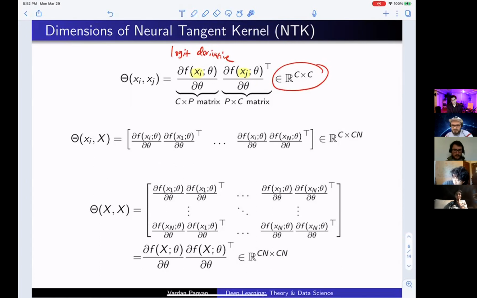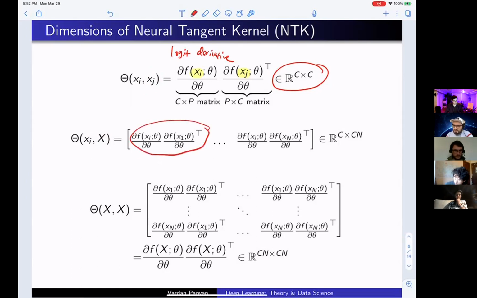Okay. So notice that this is for xi and xj. Now, what you could do is ask yourself what happens if instead of looking at a single example here, we had capital X, which is the whole data set. In that case, you just stack on top of each other replications of this.